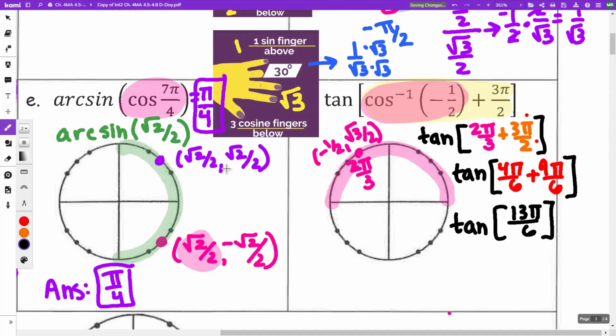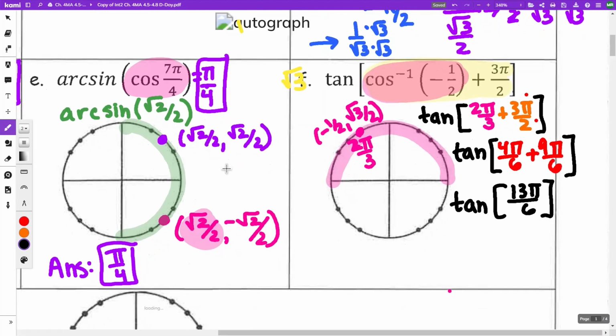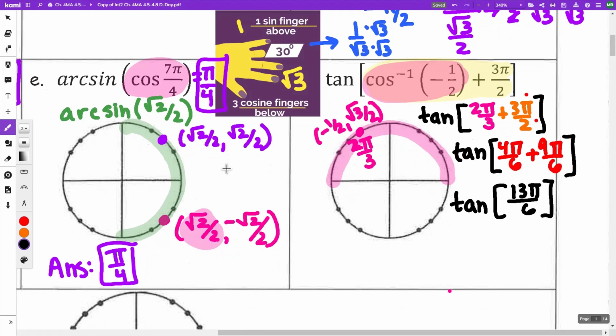Okay, so I need to figure out around this unit circle, because it's not an arctan, I'm not focused on 2 quadrants. I'm focused on the whole unit circle. What is my tangent at 13 pi over 6? I know that if I went all the way around the unit circle, that would be 2 pi, but it's also 12 pi over 6 if you want to think about it that way. And so I'm going to go 1/6 more.